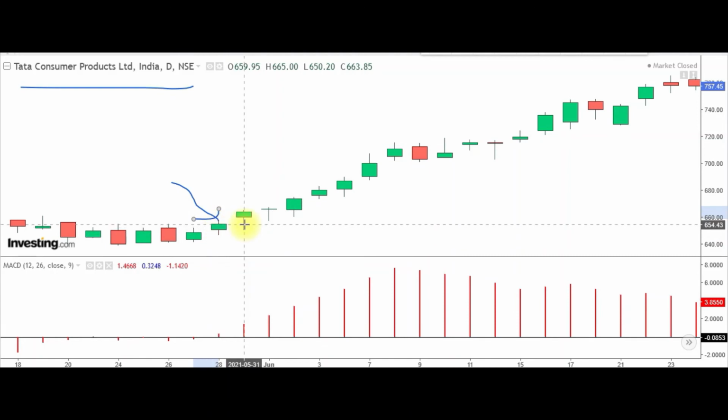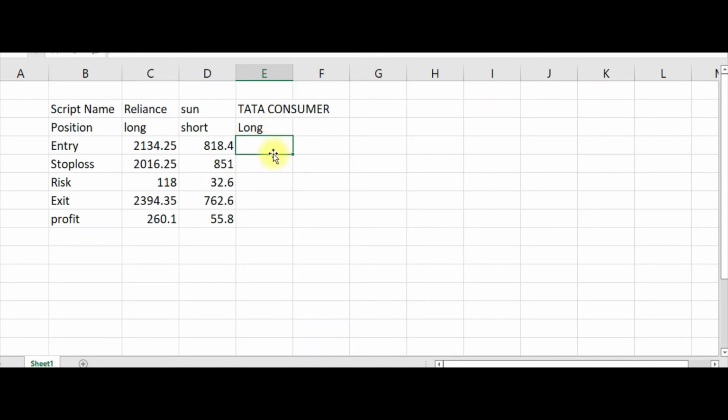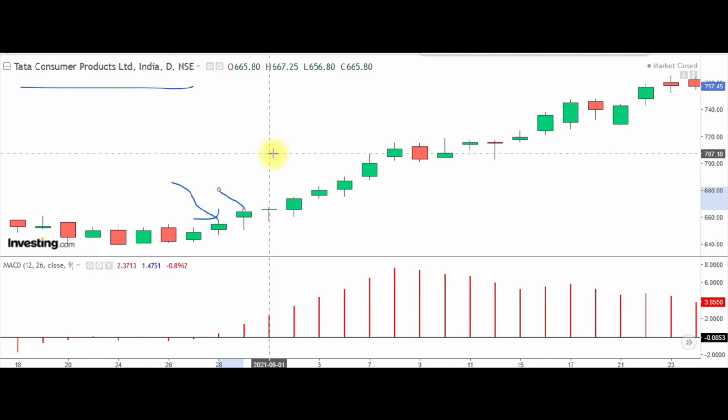So assuming that we entered long at the closing of this particular candle, at 663.85, what would be our stop loss? The previous swing low, the low of this candle, 638.5.